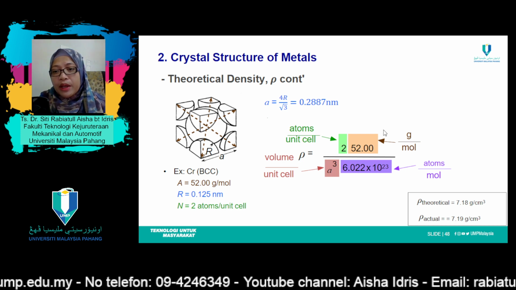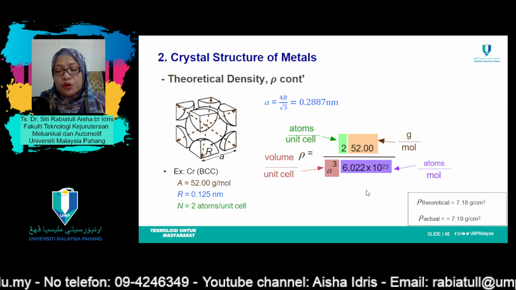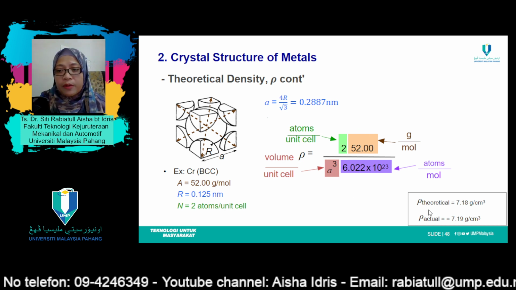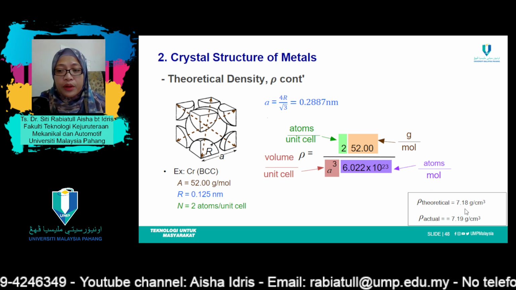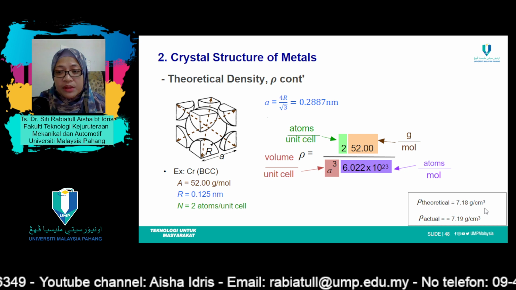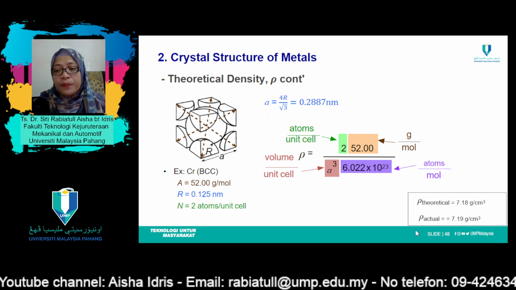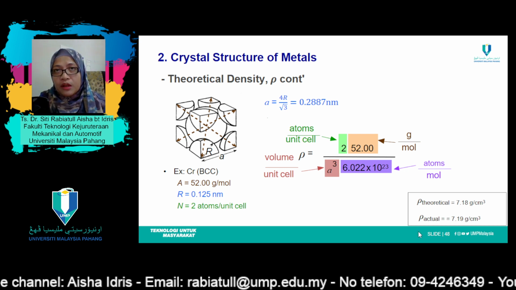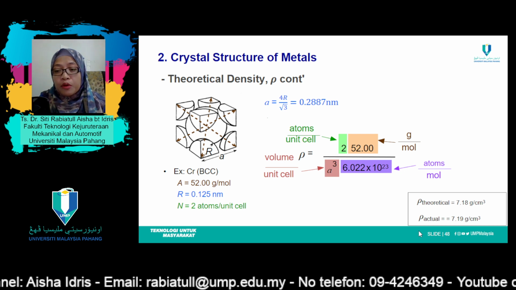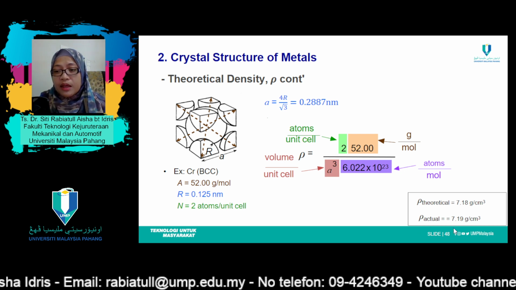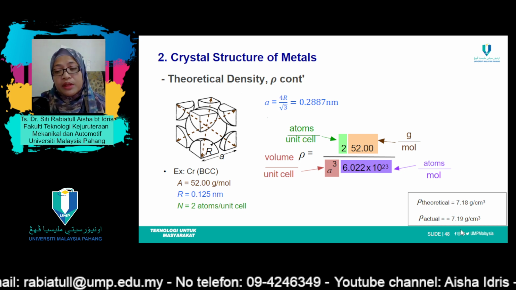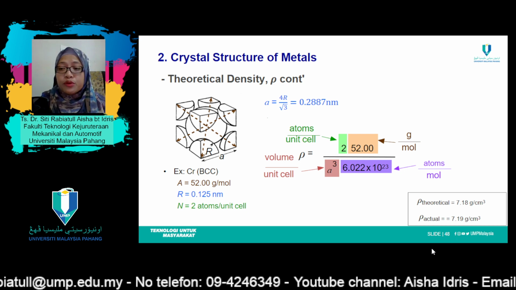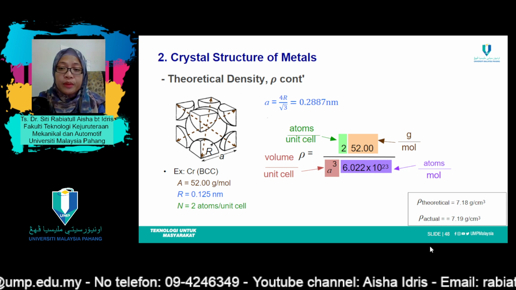Finally, by using the formula, you should be able to get the value of theoretical density, which equals 7.18 gram per centimeter cube. Meanwhile, the actual density equals 7.19 gram per centimeter cube, or it can be 7.2 gram per centimeter cube.